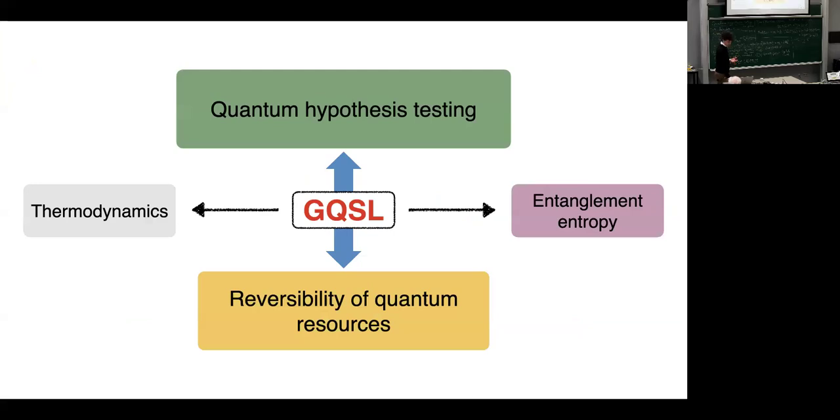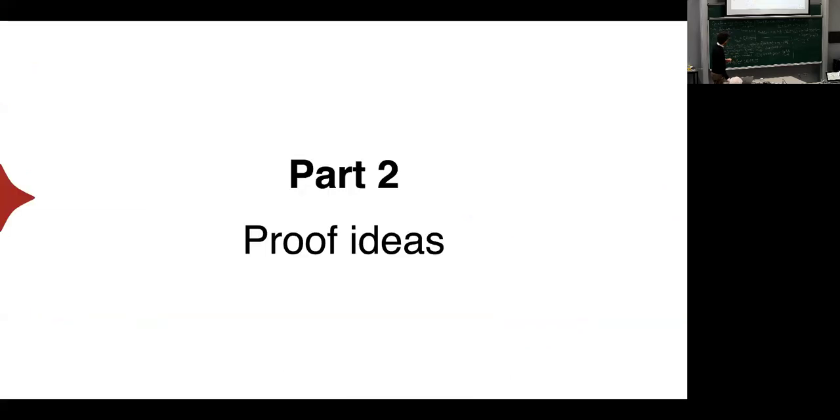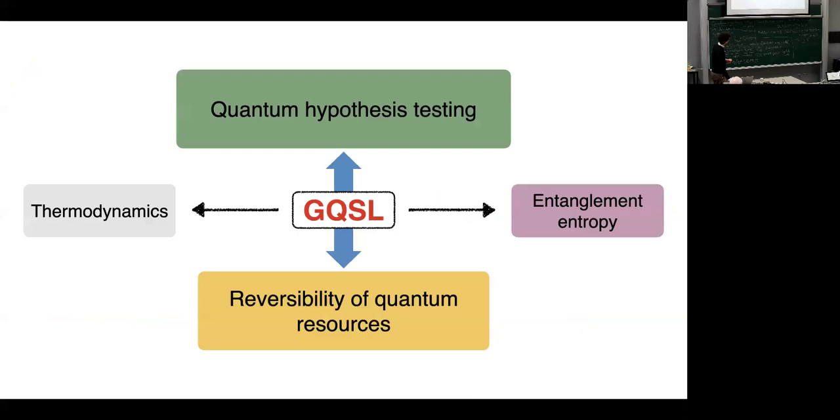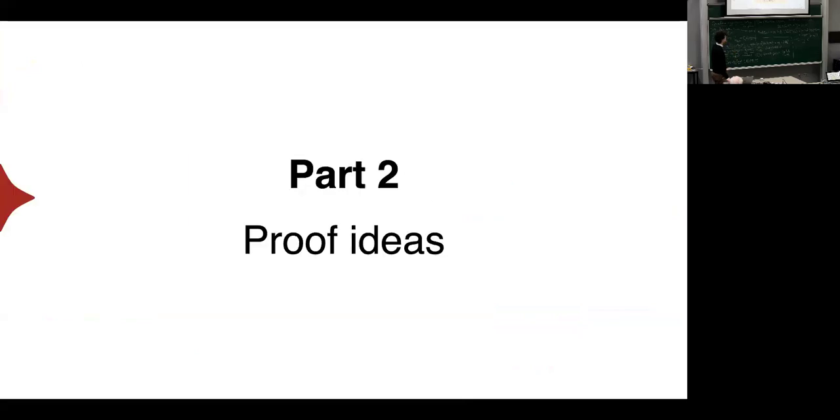This explains the whole connection: it provides a bridge from quantum hypothesis testing, quantum entanglement testing, and entanglement manipulation. That's what's very nice about this theorem. So the result is that they are actually equal, and I think I'll stop here. Tomorrow we do some proof ideas.